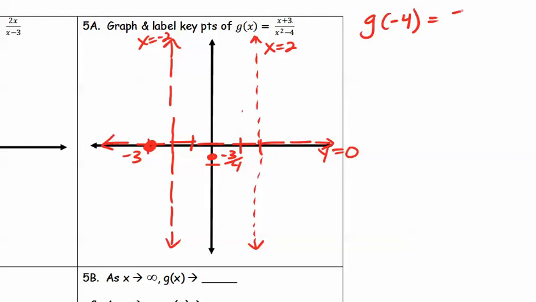The numerator would be -1, and the denominator would be 16 minus 4, or 12.